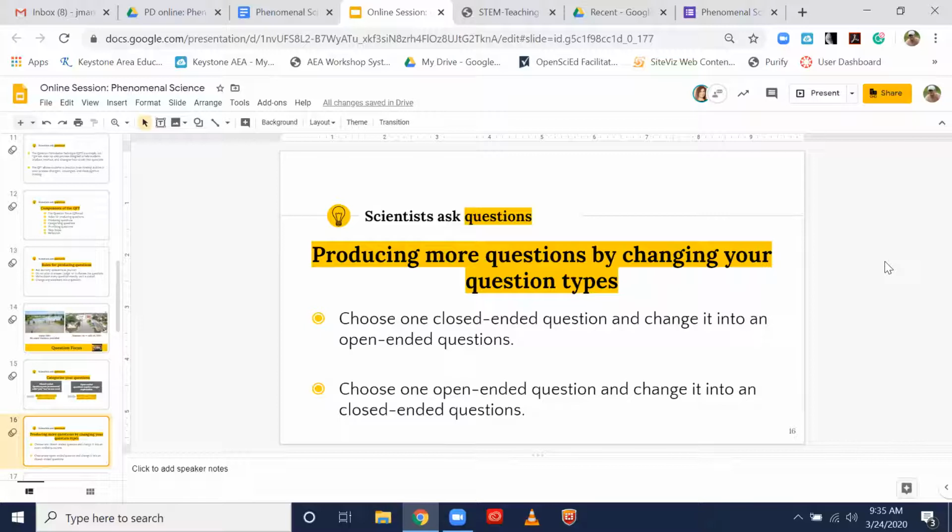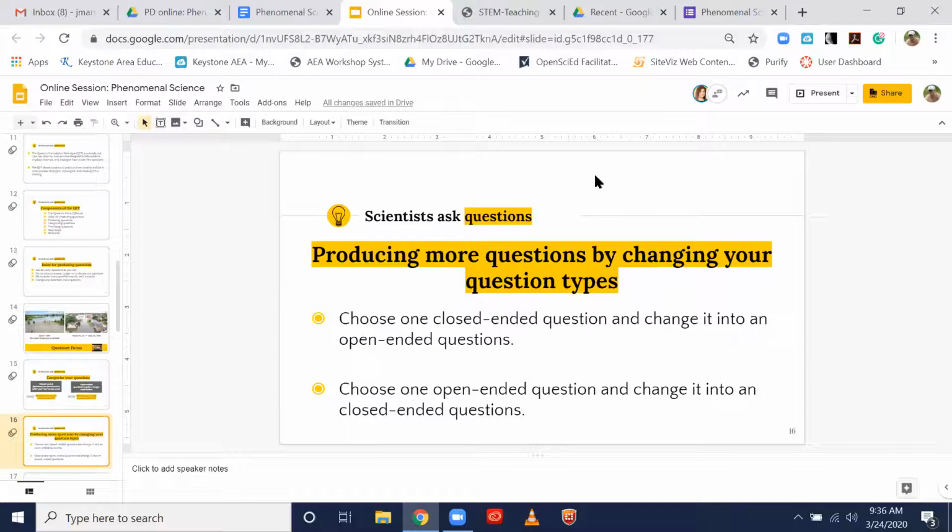And don't actually edit the question itself, like add another bullet and reword. If you want to somehow link them together, feel free to use a font color or something if you want to keep track of which question you did. But this is a way that kids can generate even more questions by using the ones they've already generated.